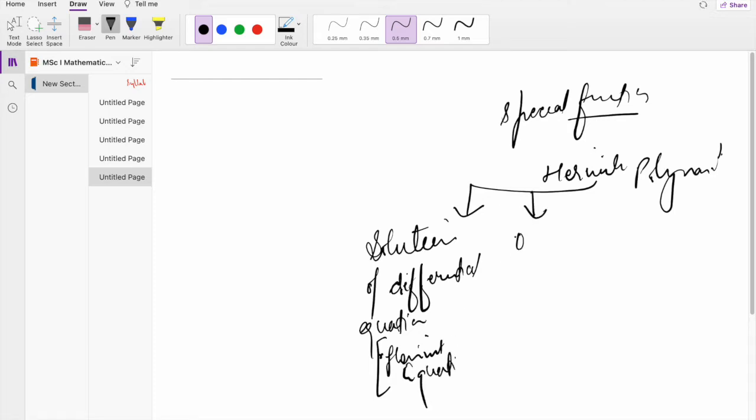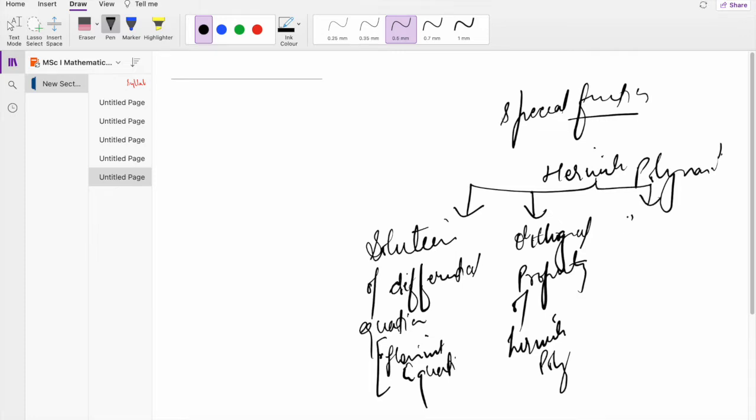We have studied the orthogonal property of Hermite polynomial.